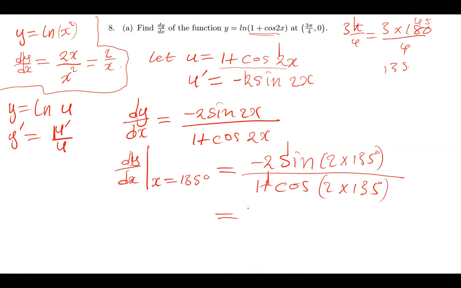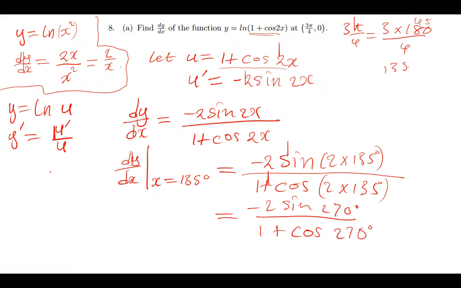So this will give us negative 2 sine 270 degrees, over 1 plus cos 270 degrees. So what is sine 270 degrees?